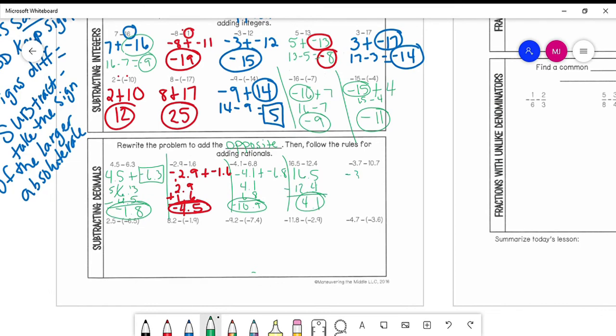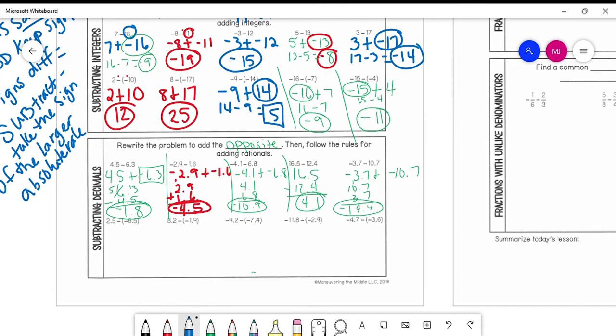Add the opposite. Signs are the same, they're both negative. Then you add the numbers. They're both negative, so our answer is negative. Again, on the bottom, we've got this double negative happening.